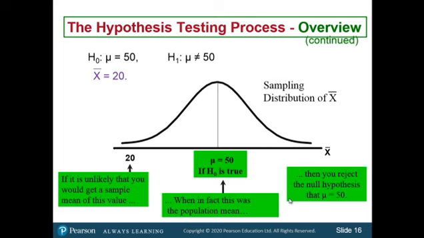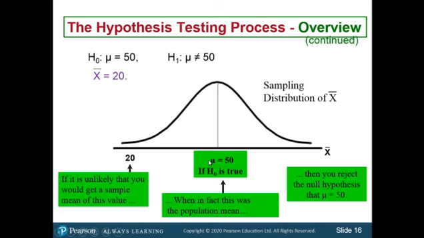We can draw a distribution to represent our problem. We use a normal distribution, with the population mean of 50 at the center of the distribution.